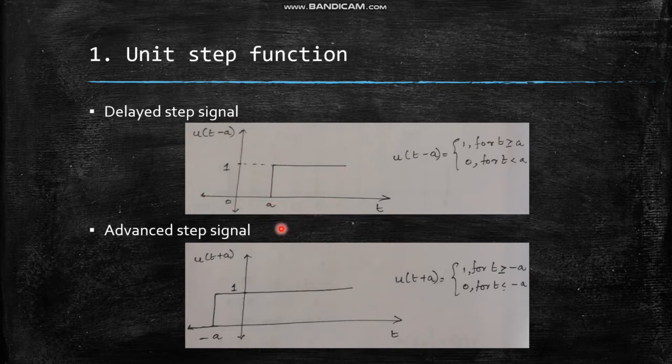In case of an advanced step signal, it is represented as u of t plus a, where the minus a point is considered. That is, u of t plus a equal to 1 for t greater than or equal to minus a, and it is 0 for t less than minus a.